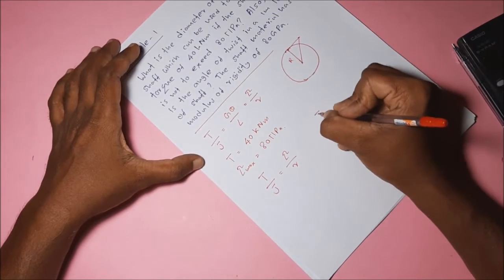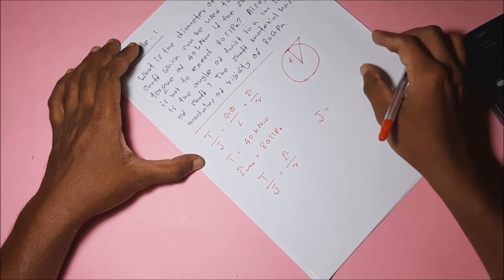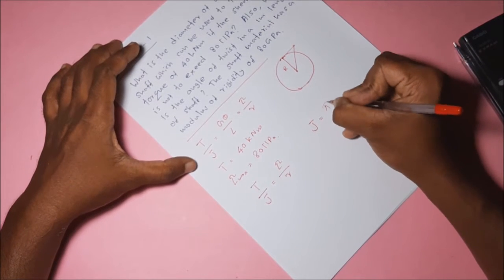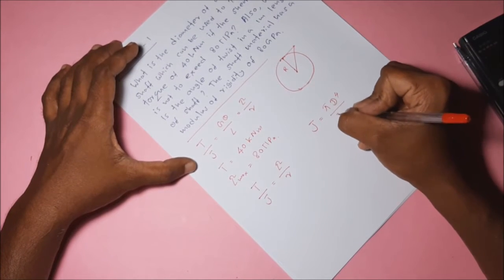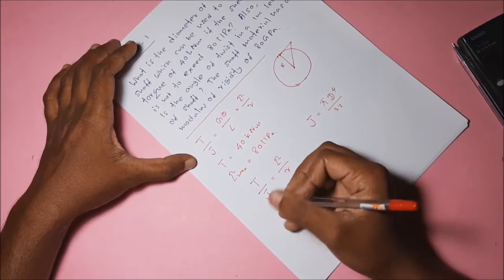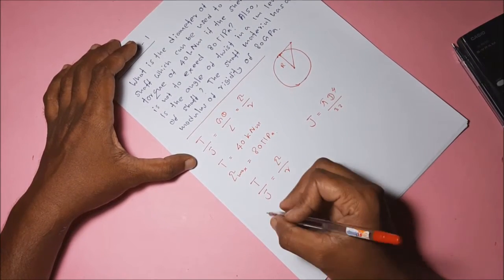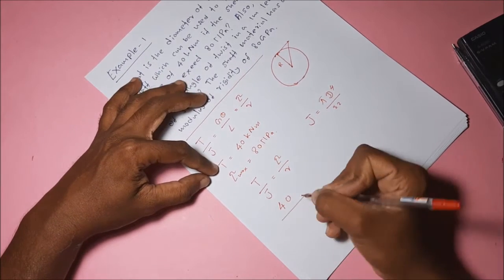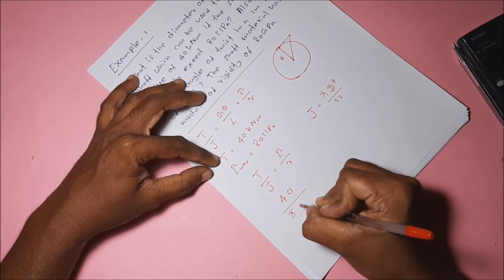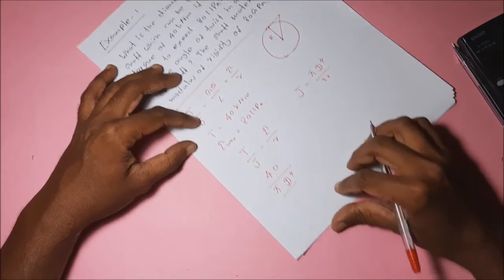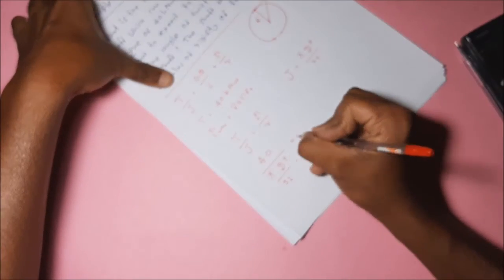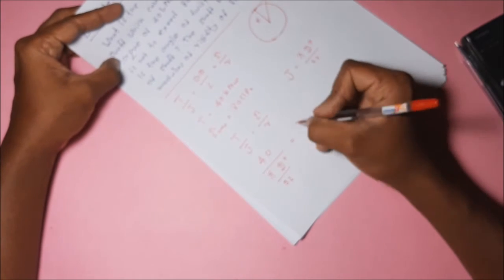Then J, we have to find the J. What is J? If diameter is D, pi D^4 over 32. That value is not given. We are going to find the D. The T is 40, J is pi D^4 over 32, equal to tau.